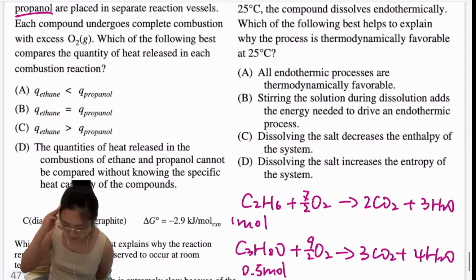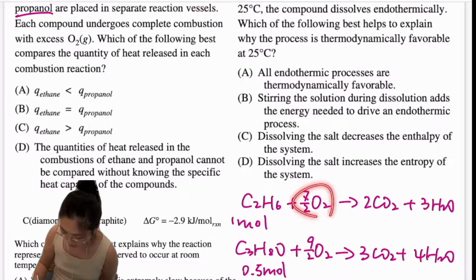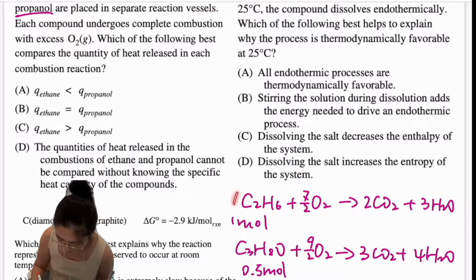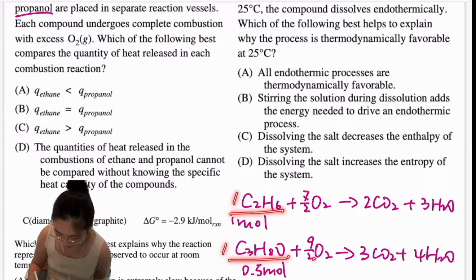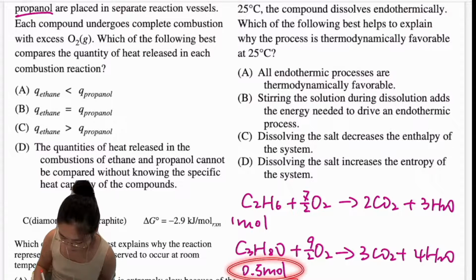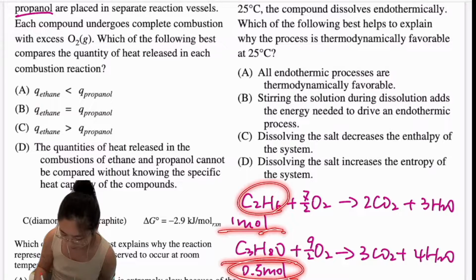So how do we do this type of question? You take a look at the number of oxygen involved in this combustion reaction. If you're comparing 1 mole of the ethane and 1 mole of the propanol, then obviously propanol consumes more oxygen, so it should release more heat. But we have only 0.5 moles of the propanol, which is only 1/2 of the amount of the ethane.